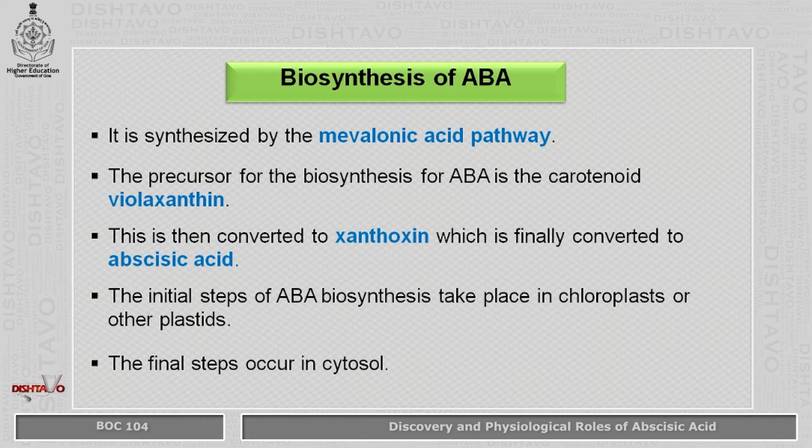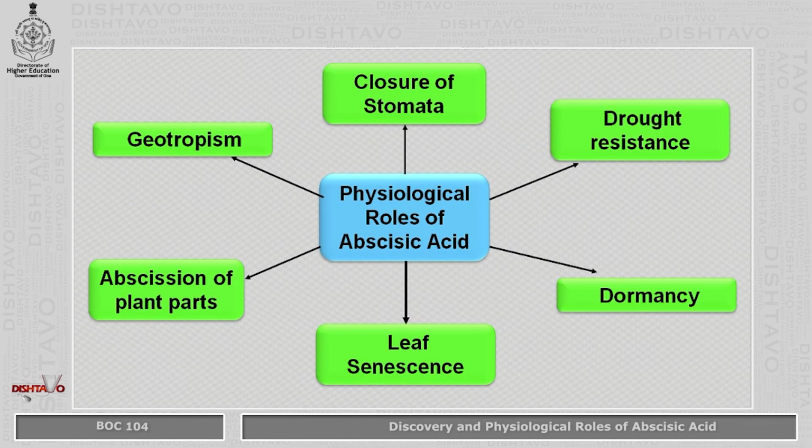This is then converted to xanthoxin, which is finally converted to abscisic acid. The initial steps of abscisic acid biosynthesis take place in the chloroplasts or other plastids, and the final steps take place in the cytosol. We will now learn the various physiological roles of abscisic acid.